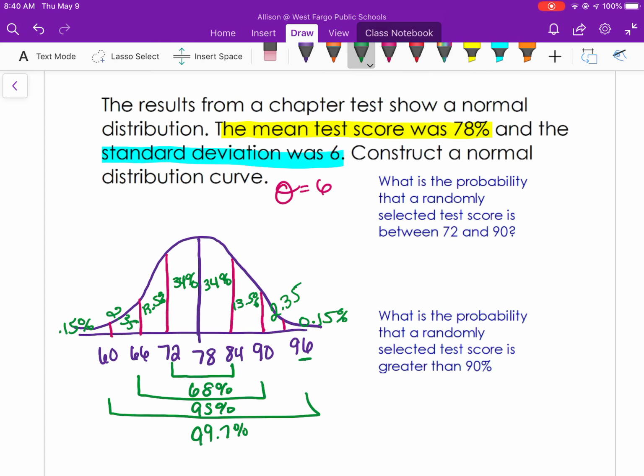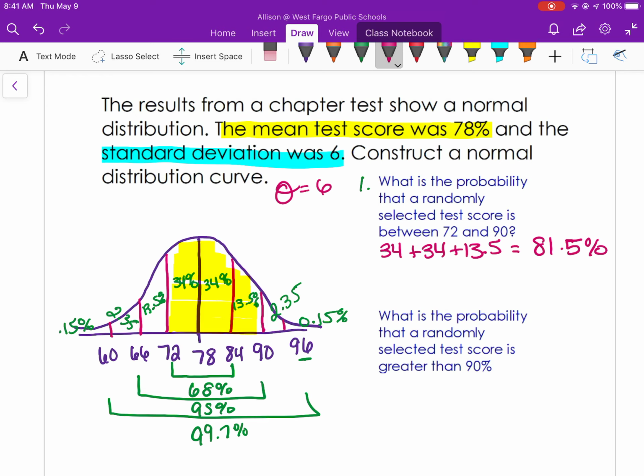So what's the first question here? What is the probability that a randomly selected test score is between 72 and 90? If I look at the area under the curve between 72 and 90, which is right here, and add that up, 34 plus 34 plus 13.5 equals 81.5.